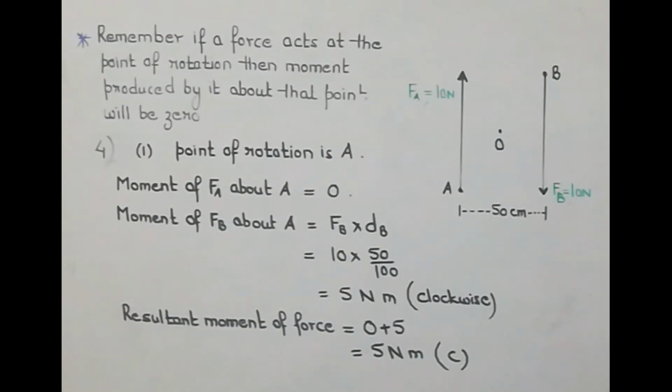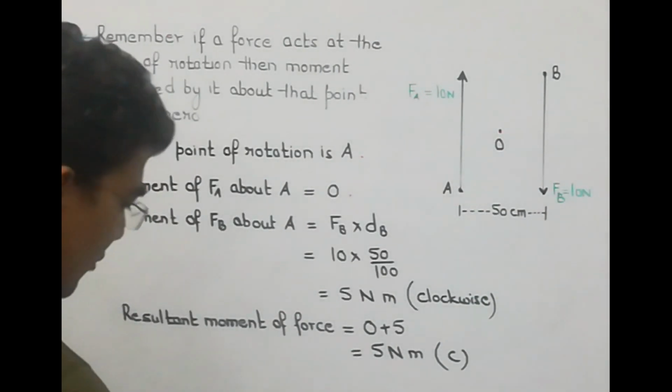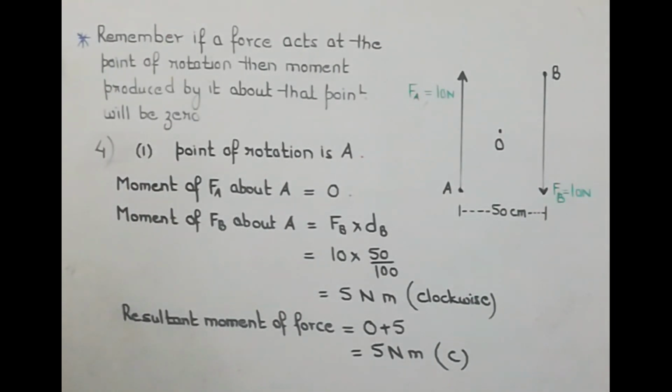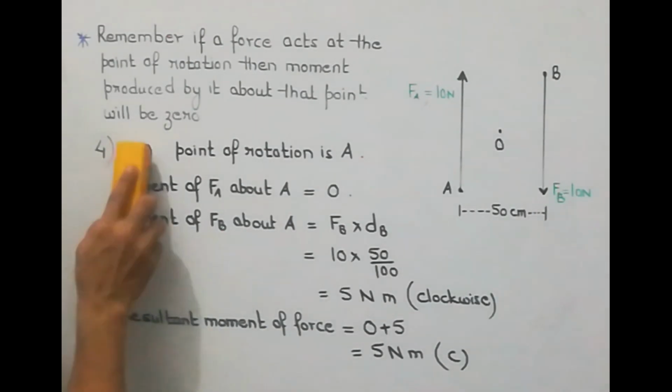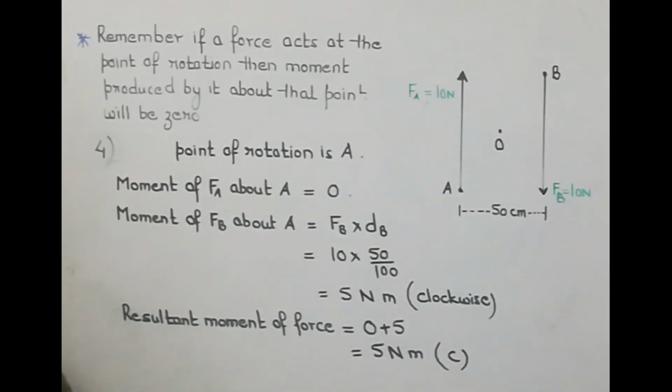In the first part, they have asked you to calculate the moment about the point A. So A was the point of rotation. Similarly, in the second part, they are asking you to calculate the moment of force about the point B. Now let's start with the second part.